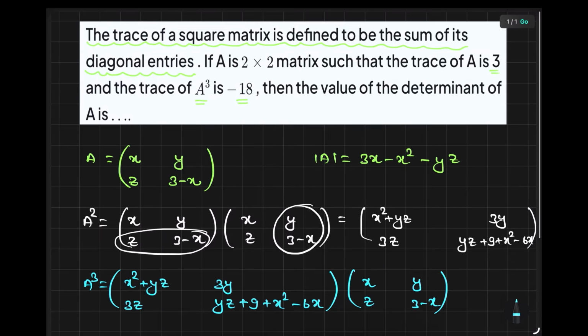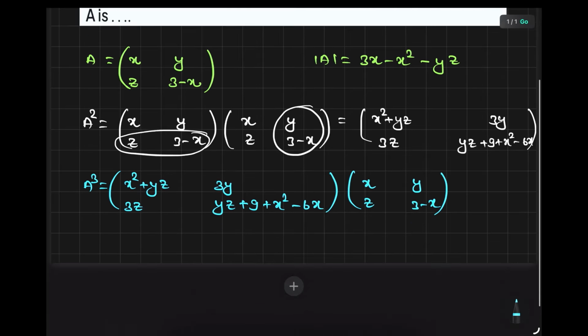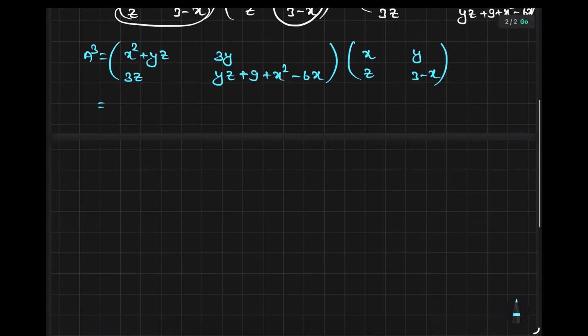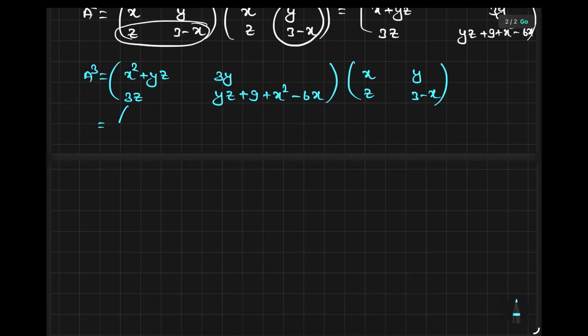Now be super slow and read this statement again: the trace of A cube is minus 18. You have to focus on the trace, not everything, which means you focus on this element and this element only.